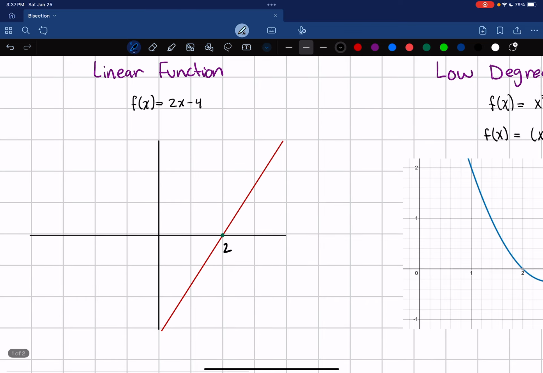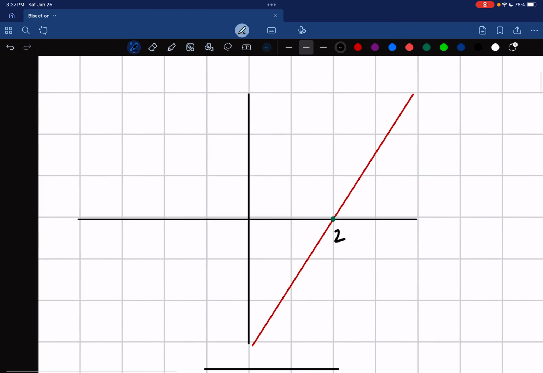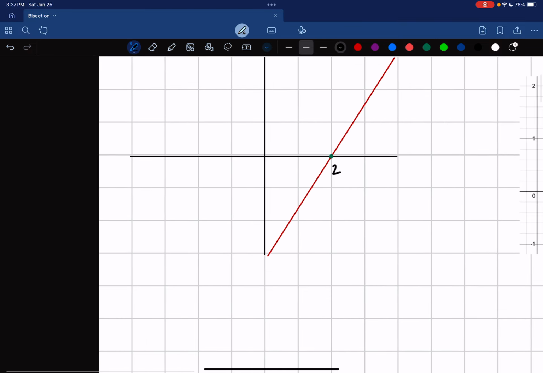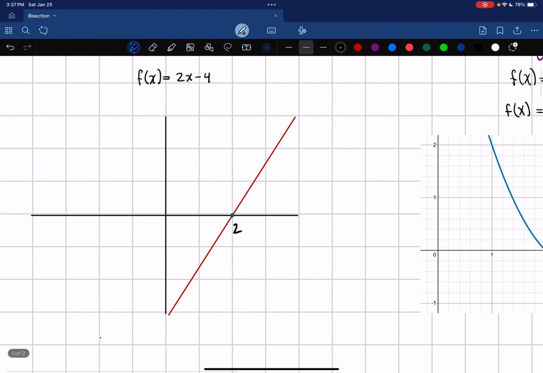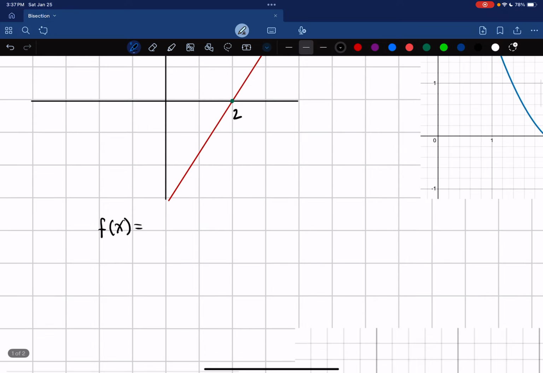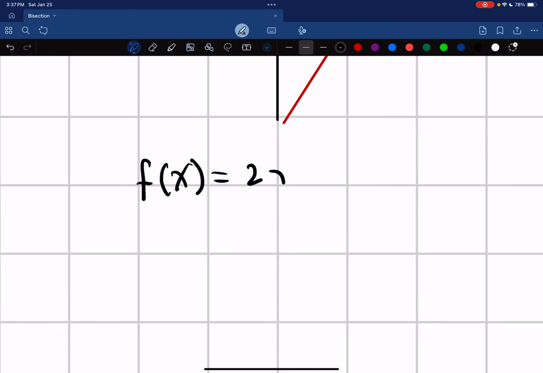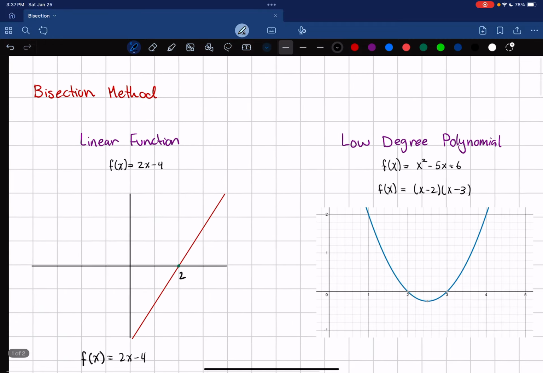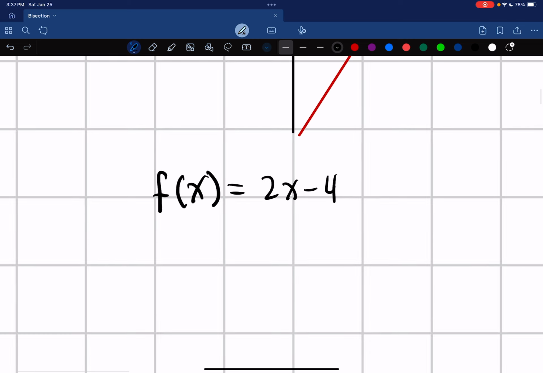But let's see how you could do this algebraically. Basically what you'll do is, here, let me write this down. f of x equals 2x minus 4. So if I tell you, can you find me the root for this?